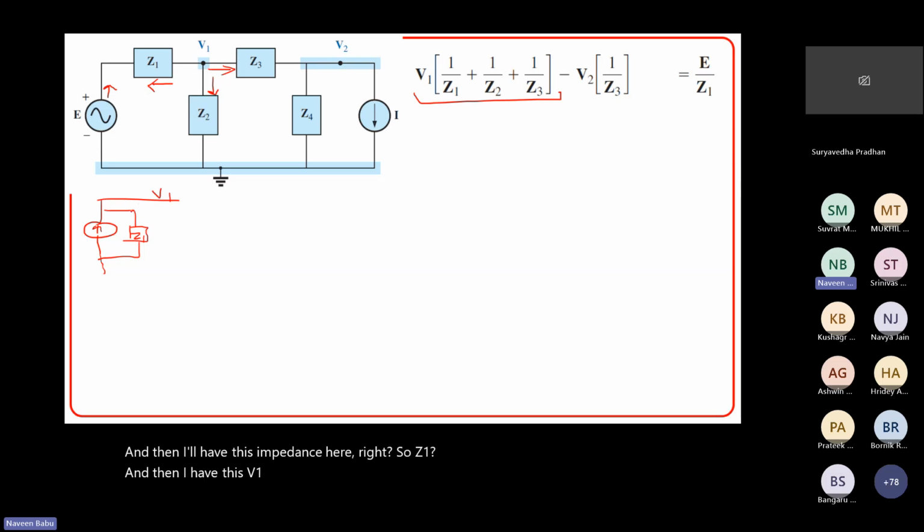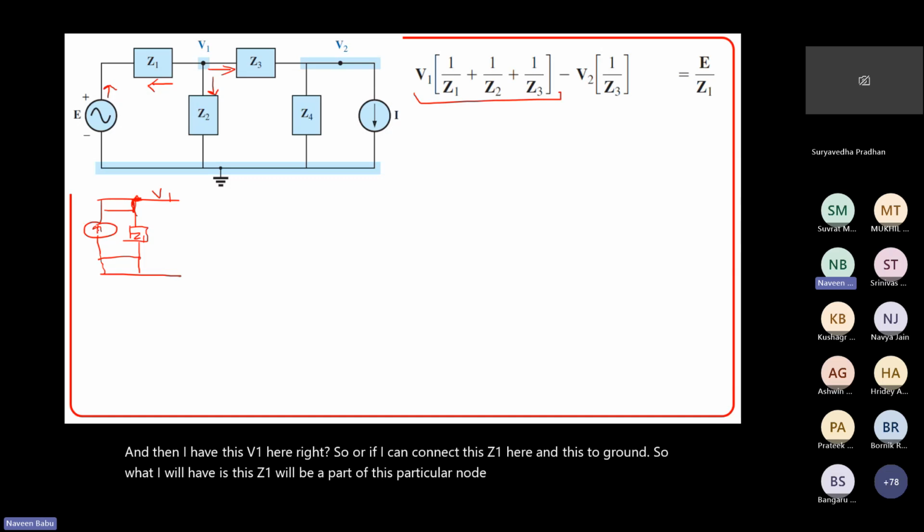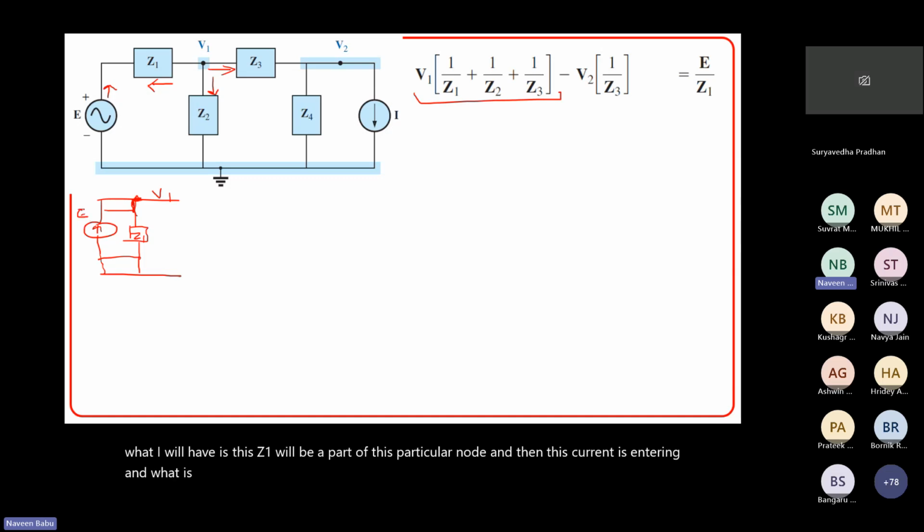I can connect this Z1 here and this to ground. So this Z1 will be a part of this particular node, and this current is entering. And what is the value of this particular current? This current will be equal to E by Z1. So that way also you can apply.